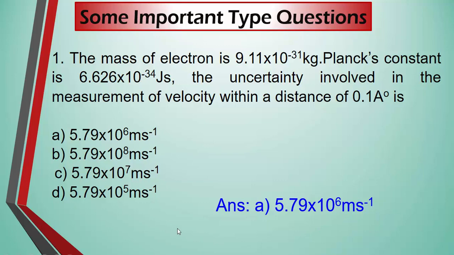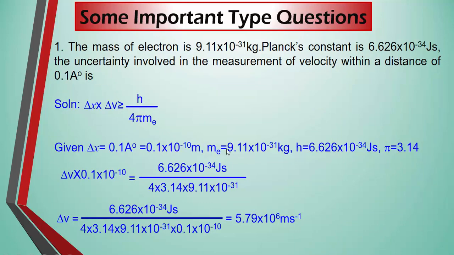Now let's see why this is the correct answer. As I already told you, this numerical is based on Heisenberg's uncertainty principle. So what is the mathematical form of Heisenberg's uncertainty principle? Delta x, that is error in calculating the position, into delta v, that is error in calculating the velocity, is greater than or equal to h by 4 pi me, where me means mass of electron.